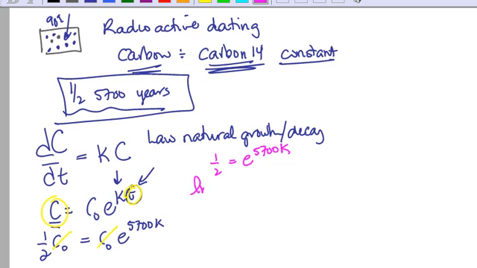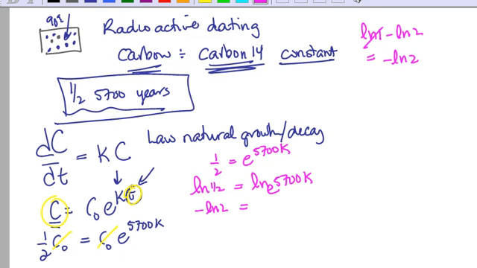Now I'm going to take the natural log of both sides, and the natural log of 1/2 is log 1 minus log 2, and log 1 is 0, so you'll often see the natural log of 1/2 written as negative log 2.